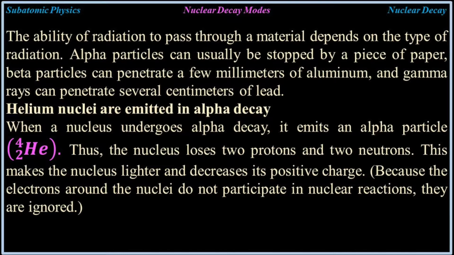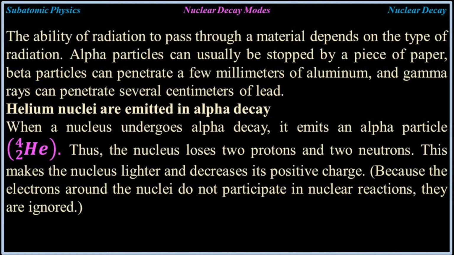When a nucleus undergoes alpha decay, it emits alpha particles, which are helium nuclei. Thus, the nucleus loses 2 protons and 2 neutrons. This makes the nucleus lighter and decreases its positive charge. Because the electrons around the nucleus do not participate in nuclear reactions, they are ignored.